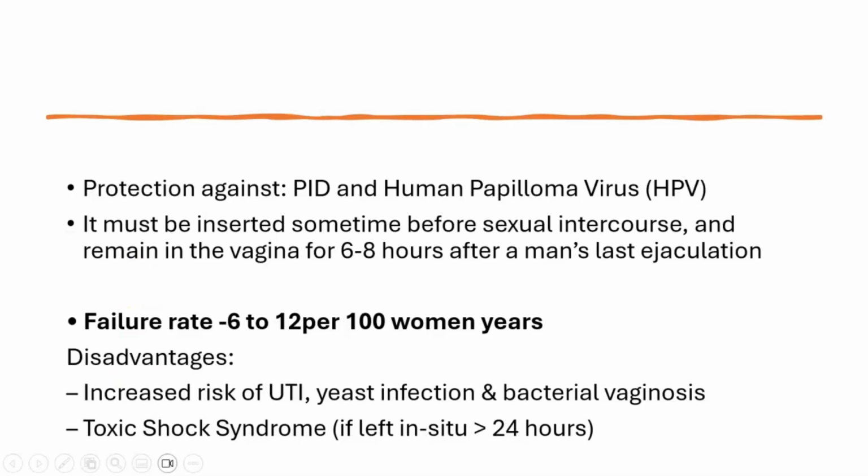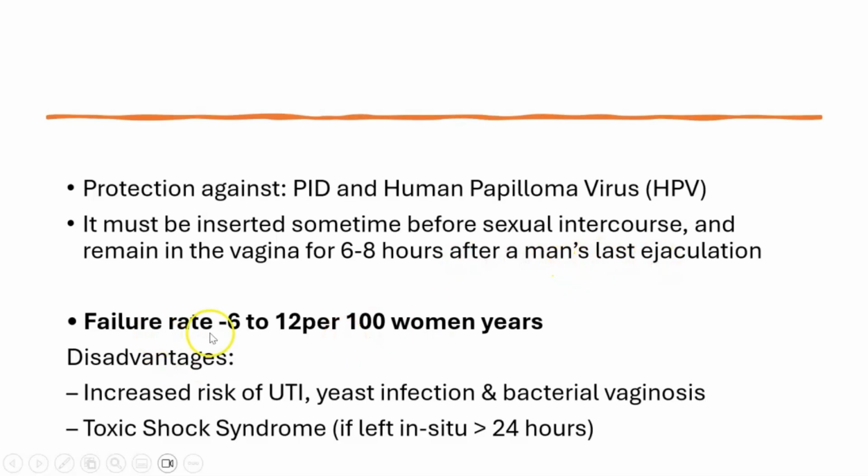It also helps in protection against pelvic inflammatory disease and human papillomavirus infection, and it must remain in the vagina for 6 to 8 hours after the last ejaculation. In the case of the female condom, it can be removed immediately after sexual intercourse, but the diaphragm is to be removed after 6 to 8 hours of the last coital act.